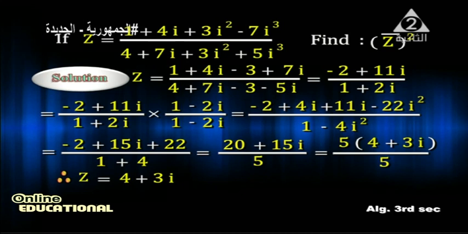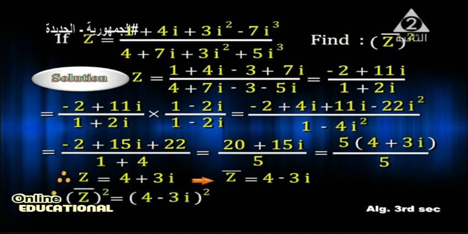Z equals 4 plus 3i. The required is Z bar all power 2. At first, what is the Z bar or conjugate? 4 minus 3i. What is the power 2? We find the square of the first, the square of the second, and first times second times 2. 4 power 2 is 16.